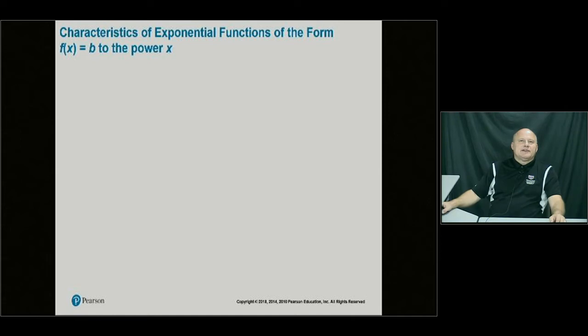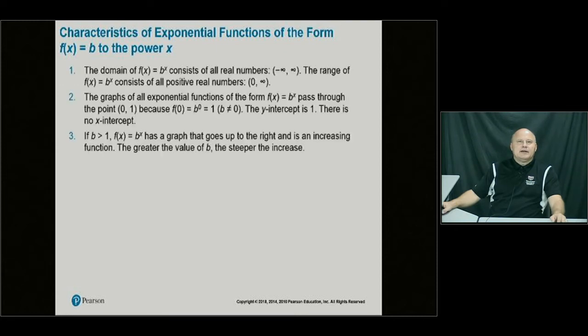Characteristics of exponential functions of the form f of x equals b to the x, or just b to the x power. Okay, so number 1, the domain of f of x equals b to the x consists of all real numbers, negative infinity to infinity. The range of b to the x consists of all positive real numbers, 0 to infinity.